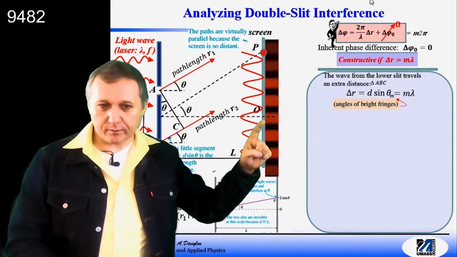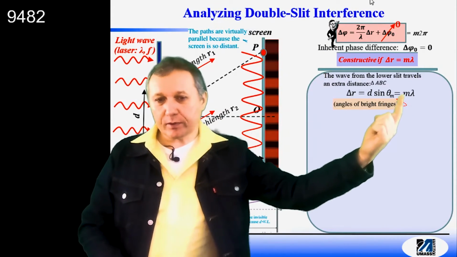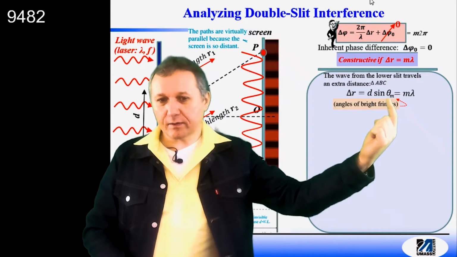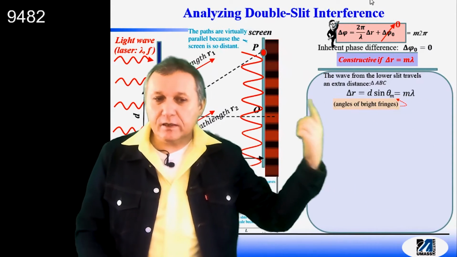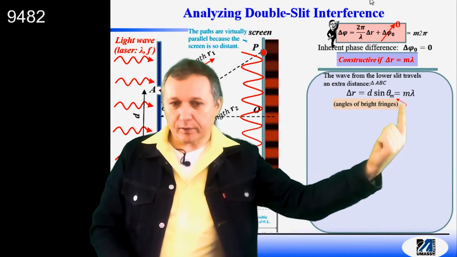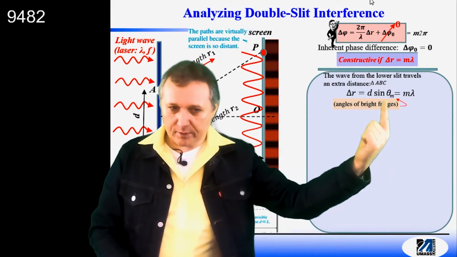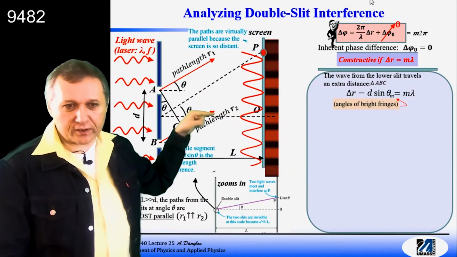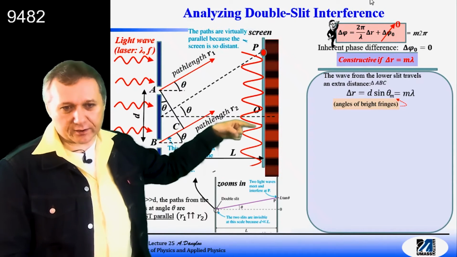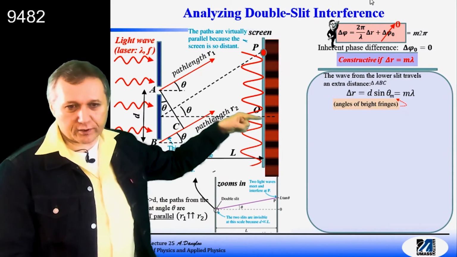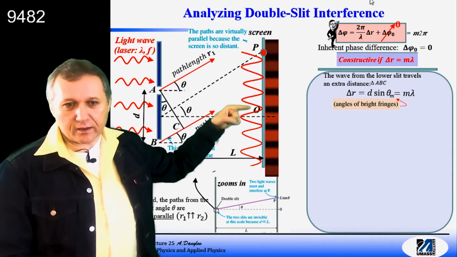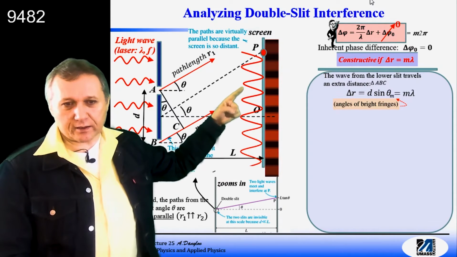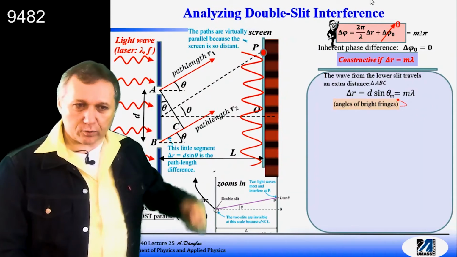Why? Look, m equals 0, which gives us the 0th bright spot. When m equals 0, theta equals 0, the center of the screen, because we're measuring theta from the direction to the center of the screen. Then this will be theta 1, this theta 2, this theta 3, and so on.